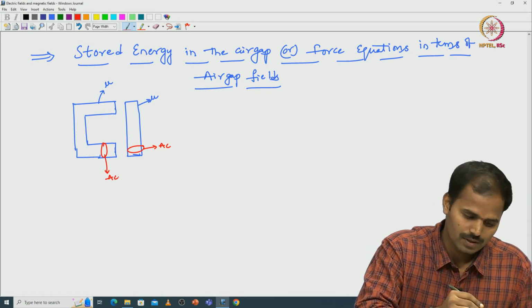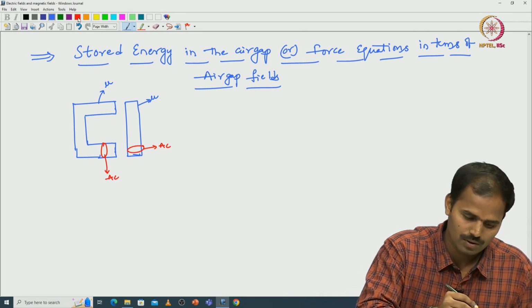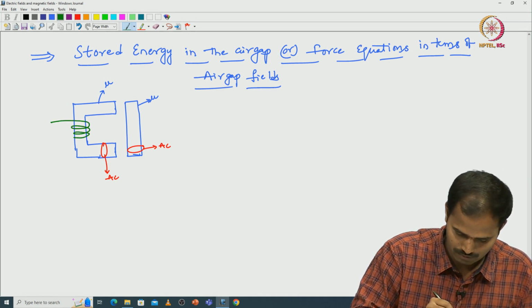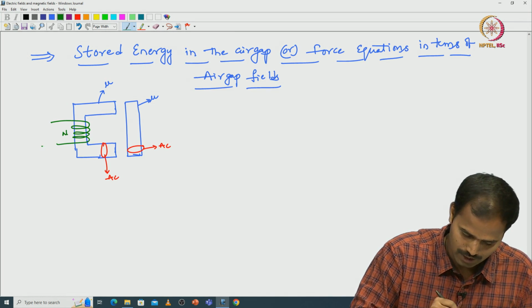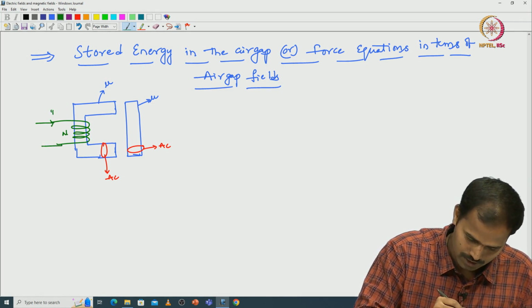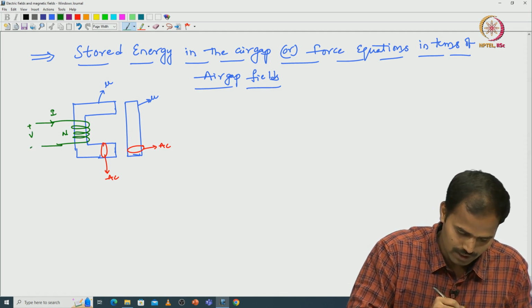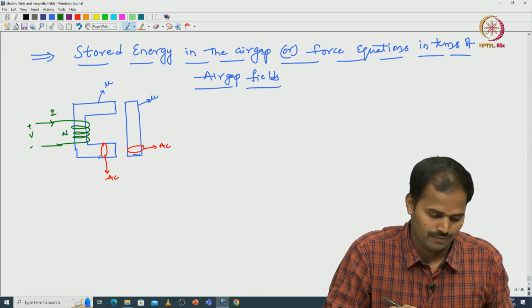The C-type core has a winding of number of turns N and current is I. And the excitation voltage is V.